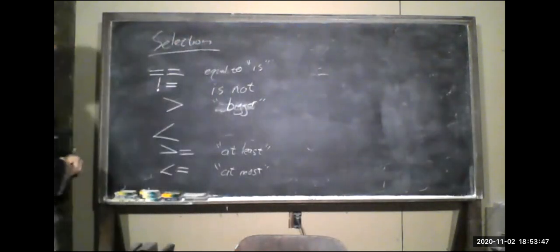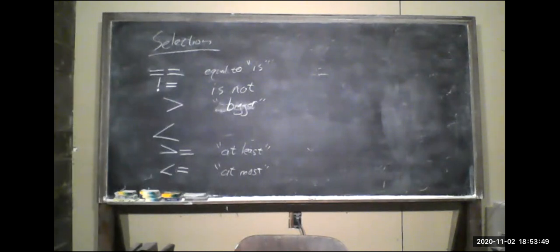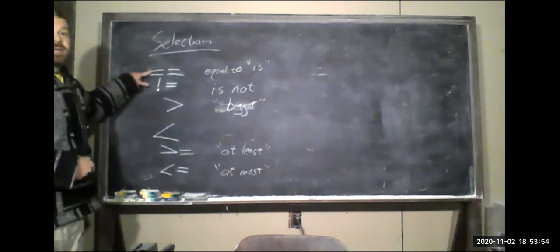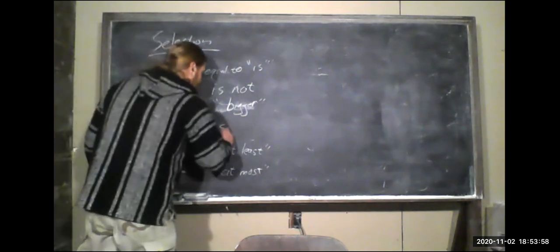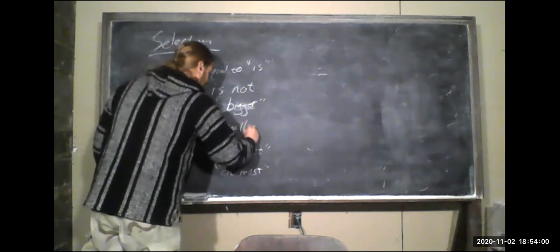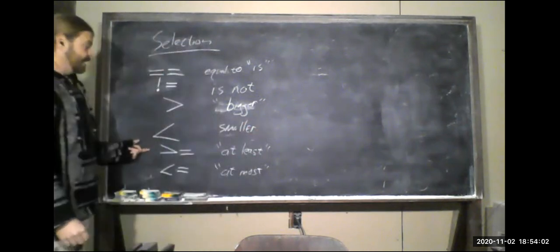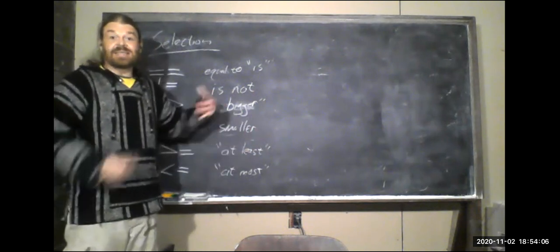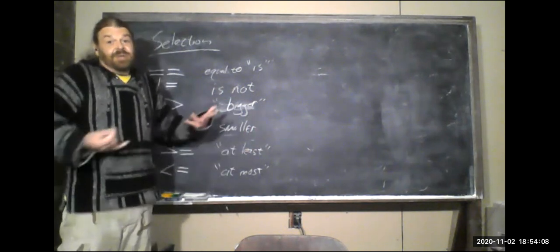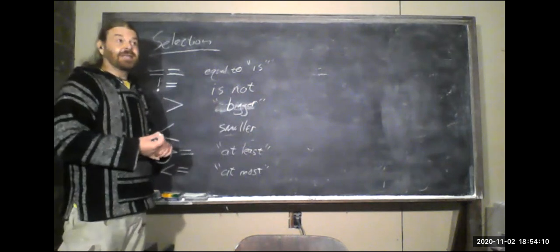And that's pretty much the questions we can ask, right? Is it something? Is it not something? Is it bigger or smaller than something? Is it at least some number? Like the example I just used, is it at least 5? Which 5 would be okay if we said at least, right?